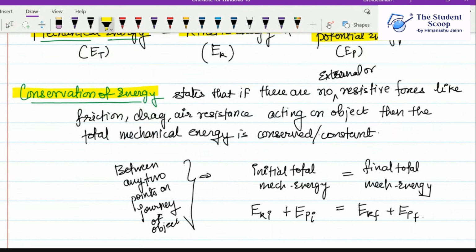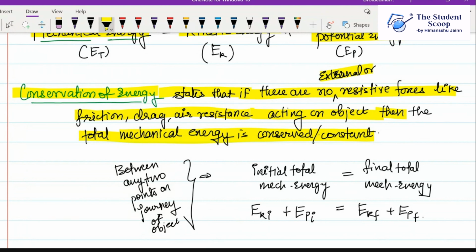I will try to make the statement much more applicable: if there are no resistive forces or external forces, where resistive forces means friction, drag, air resistance, and external forces means somebody pulling or pushing an object, then the total mechanical energy is conserved. This is a very important and big statement. The total mechanical energy is conserved means the total mechanical energy won't change if there is no external force or resistive force.